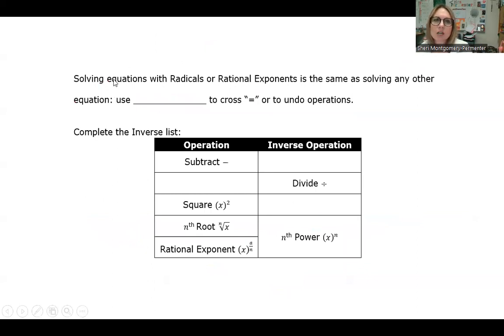The back says solving equations with radicals or rational exponents is the same as solving any other equation. To solve equations, we use things to help us. Okay, what undoes things? And there's words under here that you can maybe use. There's something that helps you undo stuff.